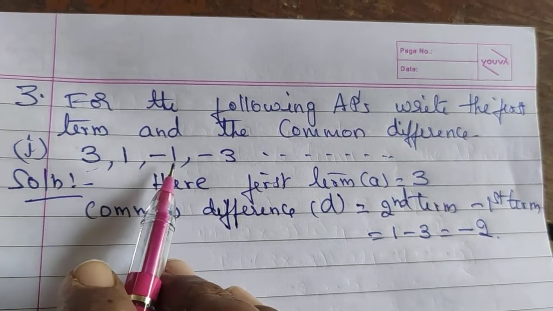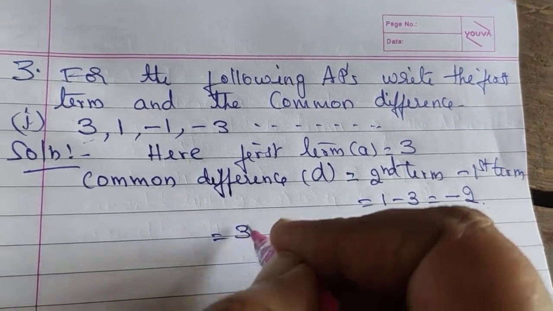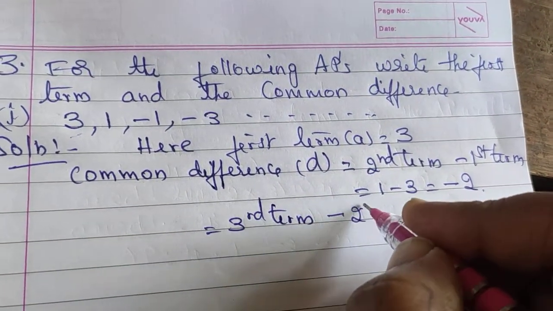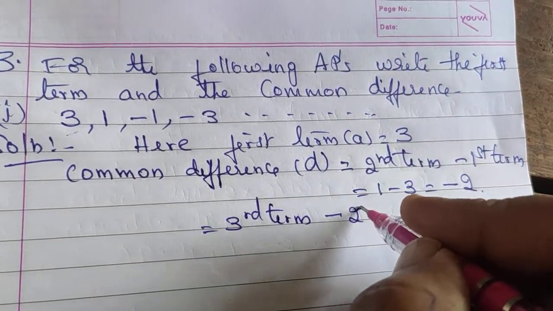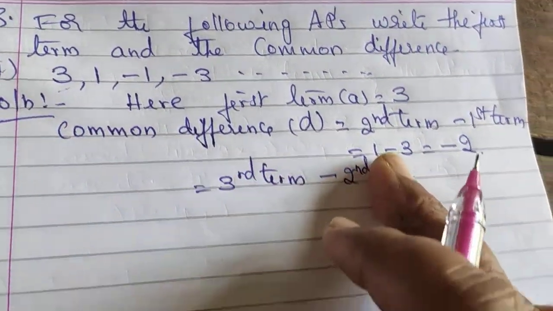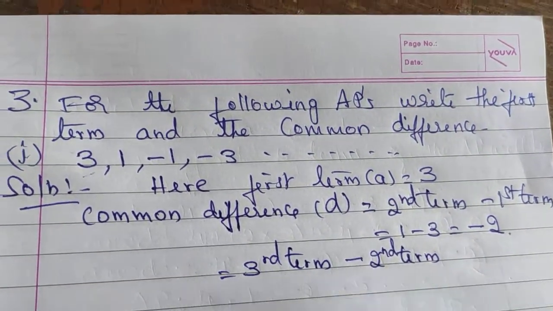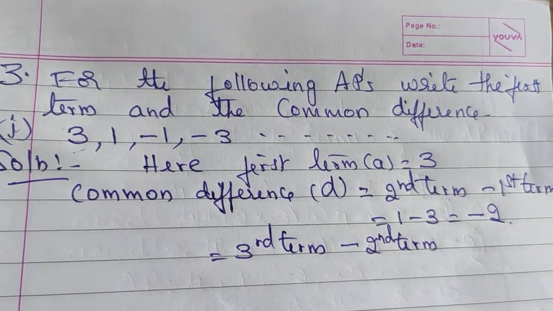Now let me check with the third term minus second term. I should check the difference of 2 terms. I should not come to the conclusion by just subtracting the first term from the second. I should check third term minus second term also.